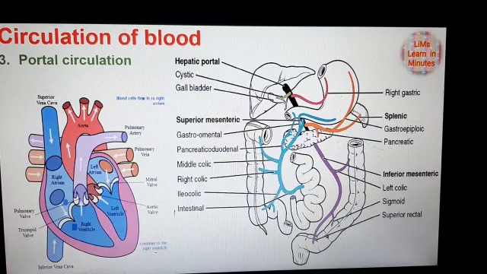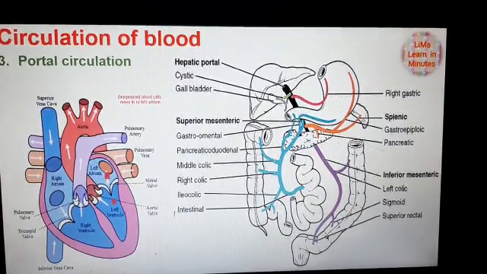This vein, as it enters the liver, branches off into a capillary system, uniting with the capillaries of the hepatic artery, which brings blood from the aorta to the liver. This dual blood supply of the liver is then collected by the hepatic veins, which join the inferior vena cava. This is about portal circulation.